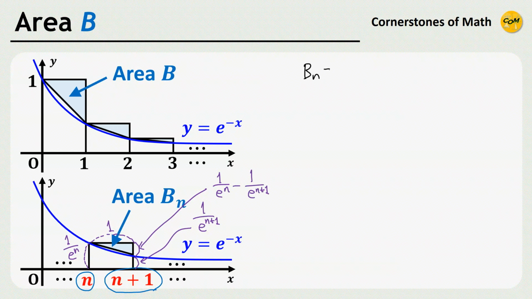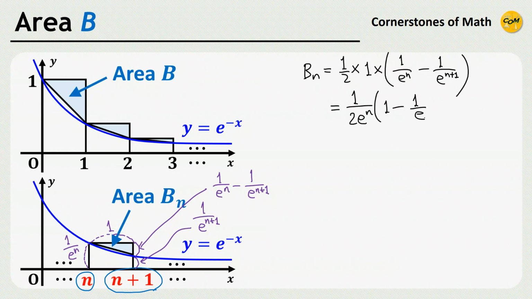Therefore, Bn is equal to 1/2 times base length 1 times height 1 over e to the power of n minus 1 over e to the power of n plus 1, which we can write as 1 over 2 e to the power of n times 1 minus 1 over e. Therefore, the area B equals the sum of areas Bn, where n is from 0 to infinity.